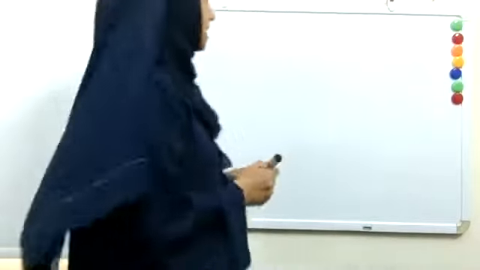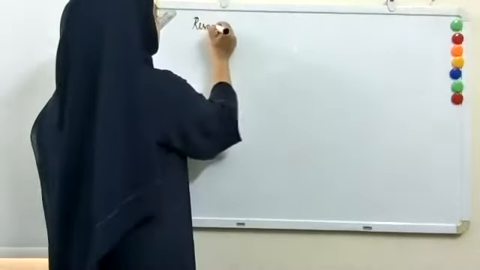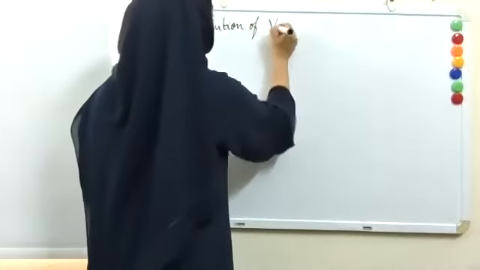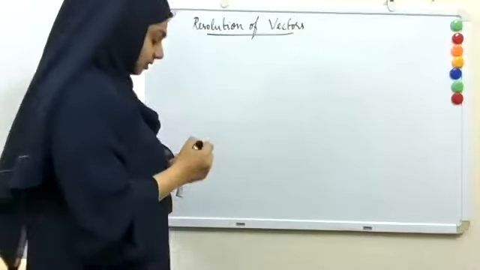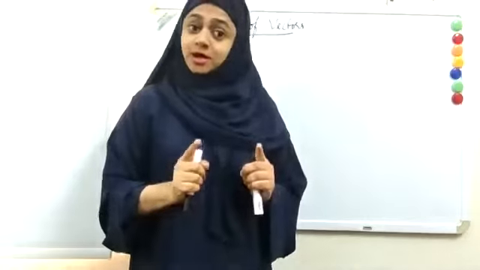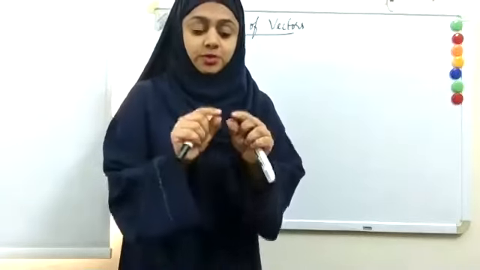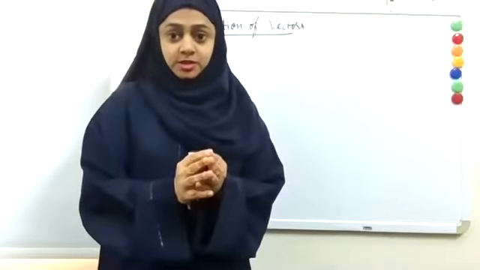Now what is meant by resolution of a vector? In the last class, we saw the addition of vectors. We saw that you can add two vectors and you will get a new vector.